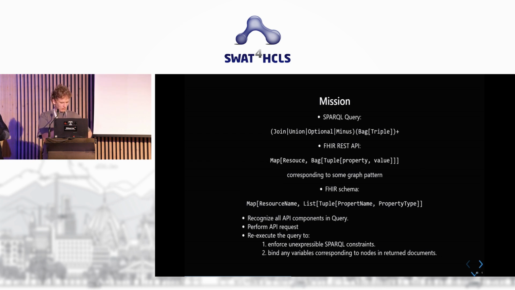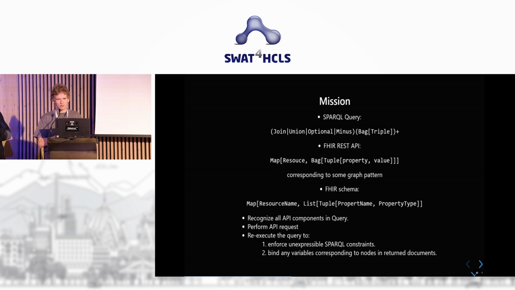Recognize all components in query. So the goal then is to take this query up here, recognize all the places that we can represent that query by FHIR REST API calls, execute the query, get the data back, re-execute the query, because there's some stuff that we weren't able to express as REST API calls. Like I want to make sure that the level is above a certain amount or something like that.